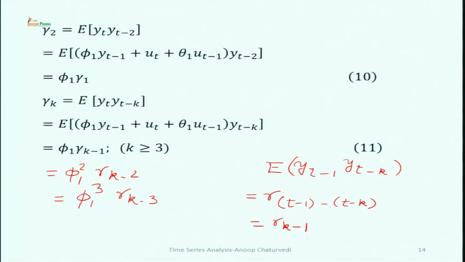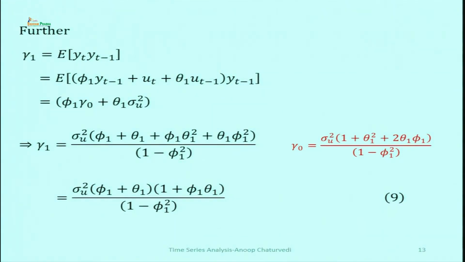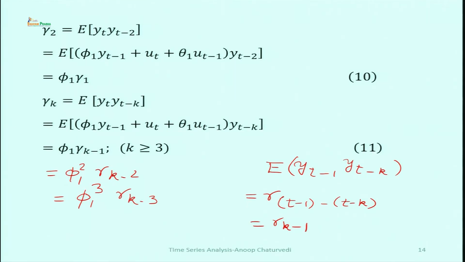So, what happens for k equal to 1, the expression for autocovariance is this. After that, the autocovariance function of ARMA(1,1) process starts behaving like the autocovariance function of AR(1) process, because the effect of MA term is of order 1.